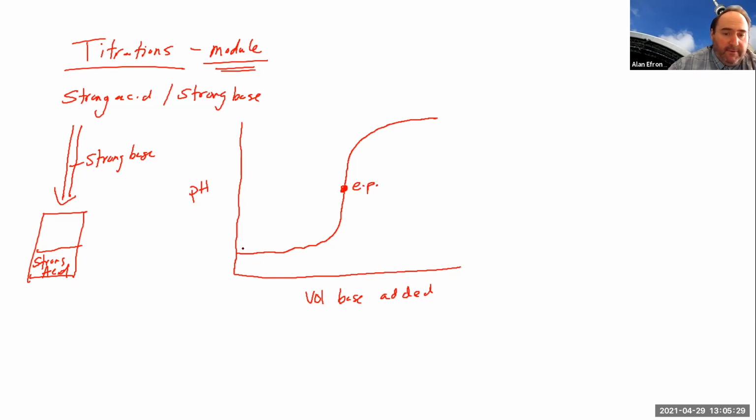Remember, a couple of things about this particular type of titration are pretty much true of all the titrations that we talked about in lecture. When we develop this whole titration curve, there's really 4 different spots along the way. There's the initial beginning.